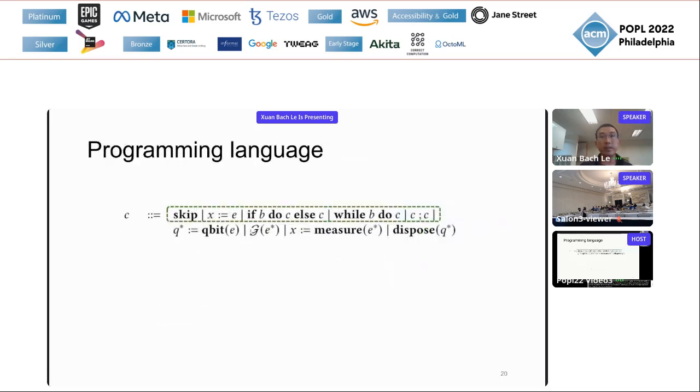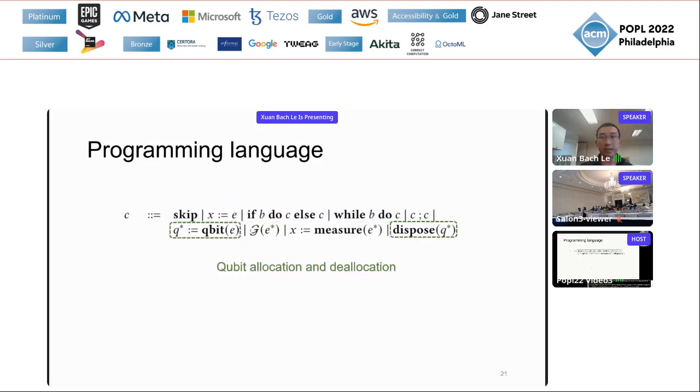In our paper, we used the following programming language to write quantum programs. On the first line, everything is standard. We have skip, classical assignment, conditional statement, sequence.